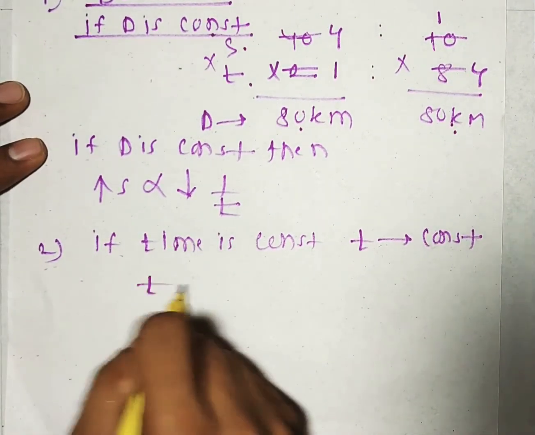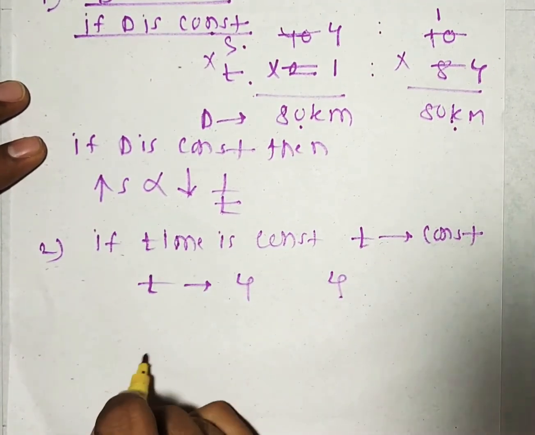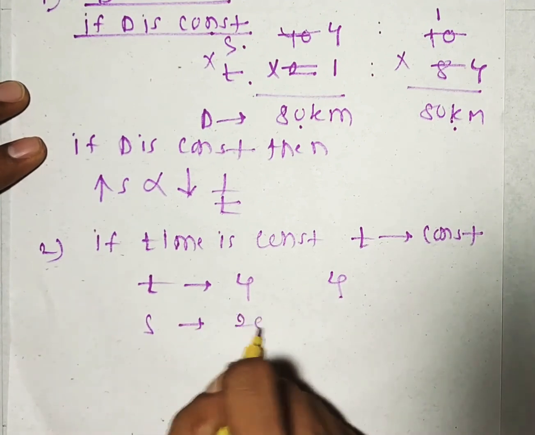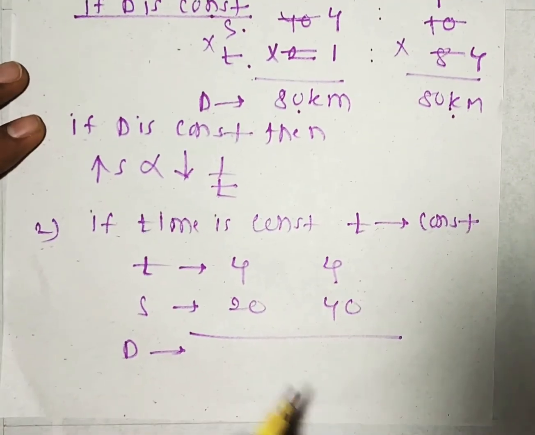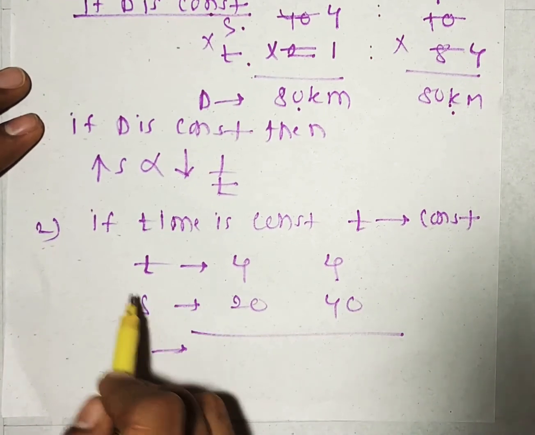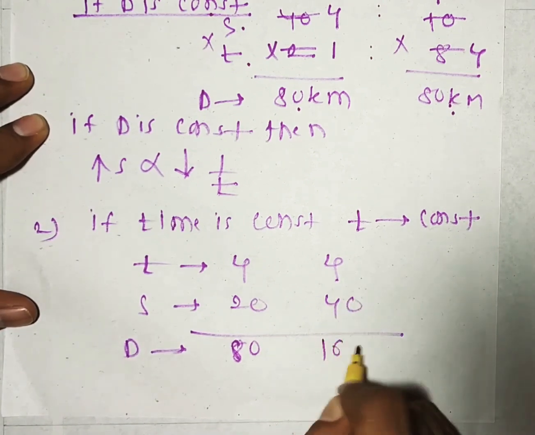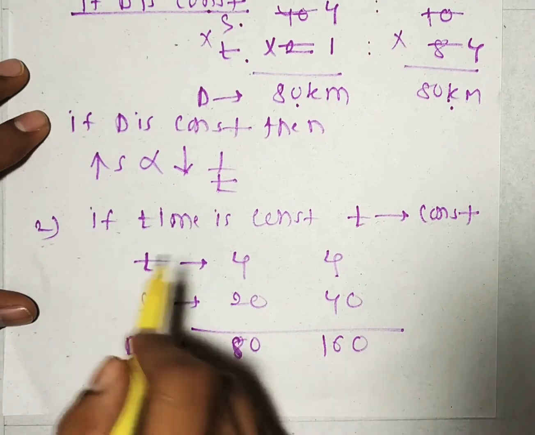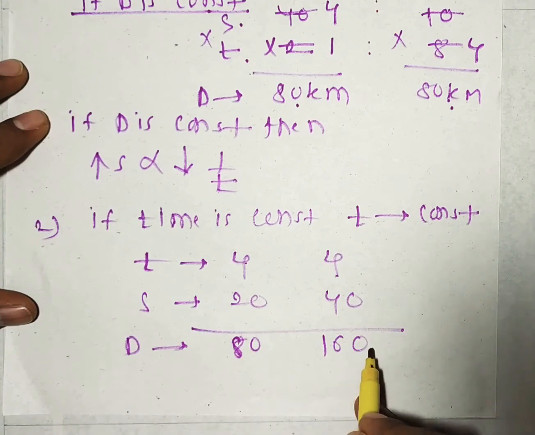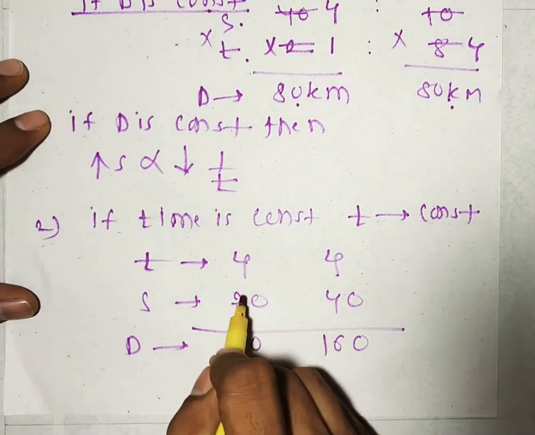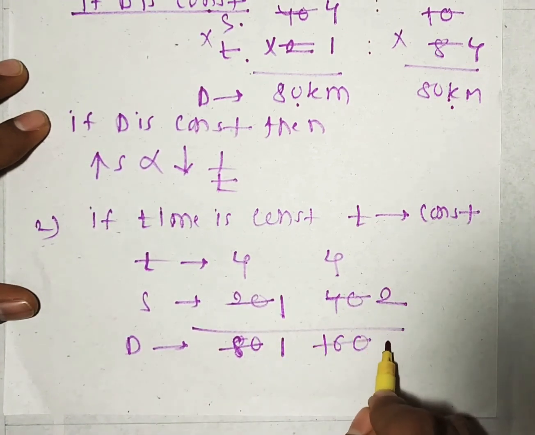So if I take the time as 4 hours and 4 hours, the first scenario and the second scenario, and the speed is 20 and 40, then the distance will be, we know distance is equal to speed into time, we just multiply these two terms. 4 2s are 80, 4 4s are 160. So if time is constant, the speed is 20 and 40, and the distance is 80 and 160. 2 1s are 2, 2 2s are 4, 8 1s are 8, 8 2s are 16.